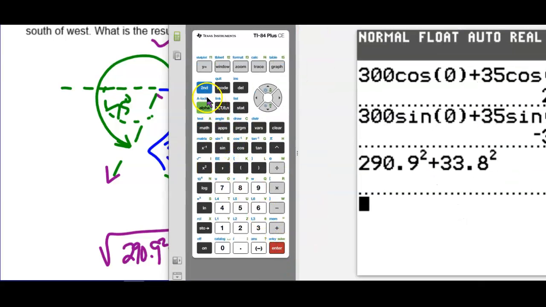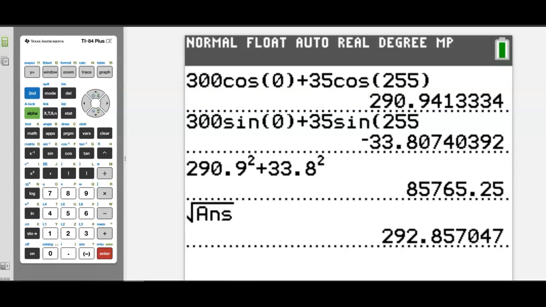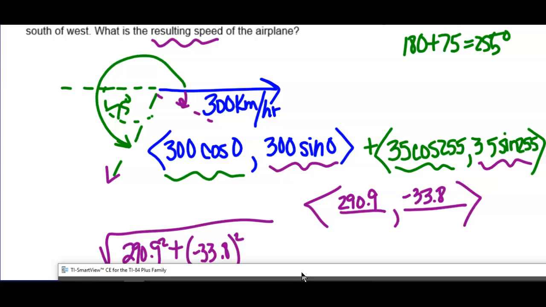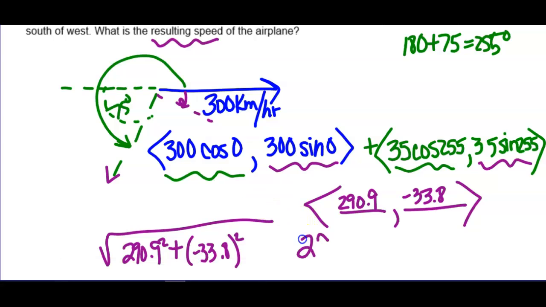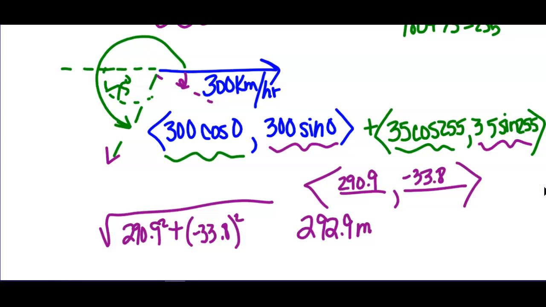And then we need to square root that. I didn't put the negative because when you square it, it becomes positive anyway, so I don't bother. All right, 292.85 or 292.9. Miles per hour, kilometers per hour. What was happening here? Kilometers per hour.